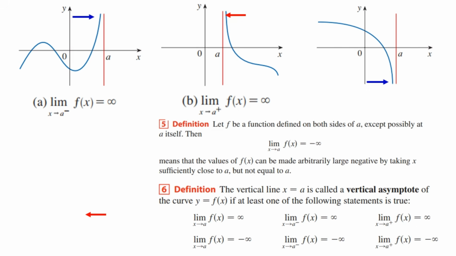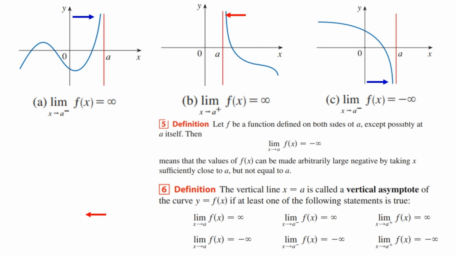Exactly, look at it very well. As the arrow is coming from the negative axis, it will touch the line f of x as f of x is going to minus infinity.